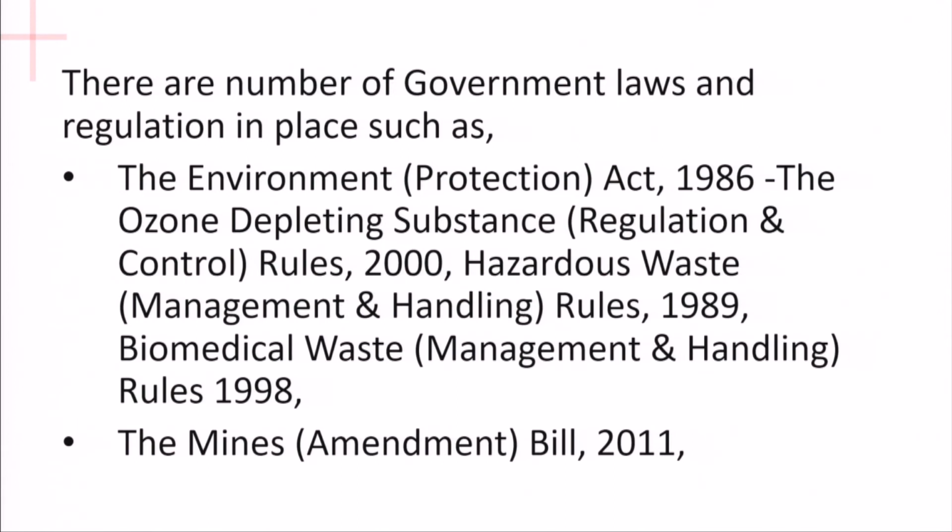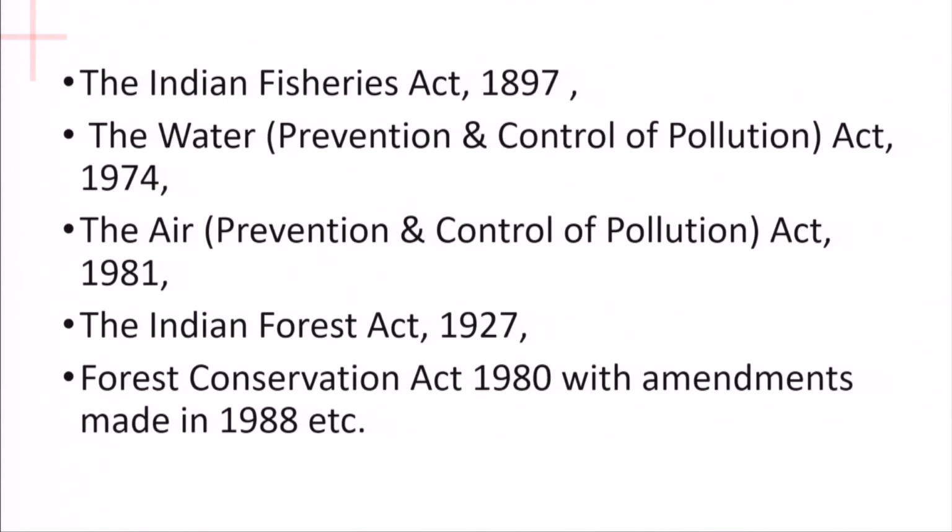So, some of these acts we have already seen, such as the Environment Protection Act of 1986, Ozone Depleting Substances Rules of 2000, Hazardous Waste Management and Handling Rules of 1989, Biomedical Waste Rules of 1998, the Mines Amendment Bill of 2011, Indian Fisheries Act of 1897, the Water Prevention and Control of Pollution Act of 1974, the Air Prevention and Pollution Control Act of 1981, Indian Forest Act of 1927, Forest Conservation Act of 1980, as well as the amendment in 1988. And there are several more acts which are related to environmental protection.